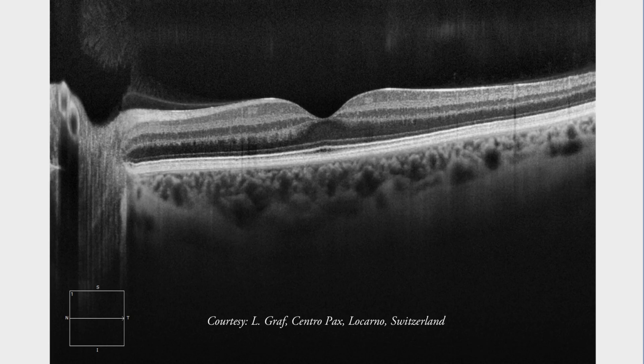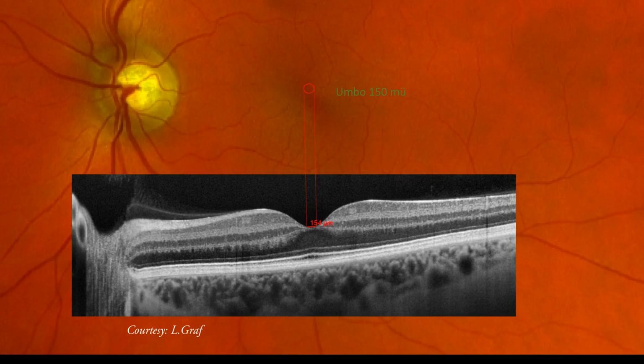We move now to the material that we have personally collected with our Cirrus device. This is the retina of our young optometrist. We now superimpose the macular anatomy of the fundus with the OCT image. First, we will have a representation of the umbo central of 150 microns.